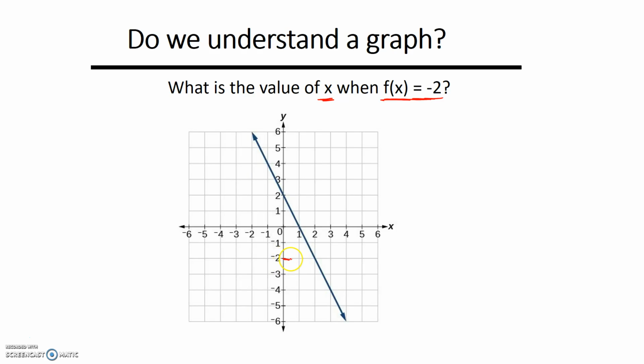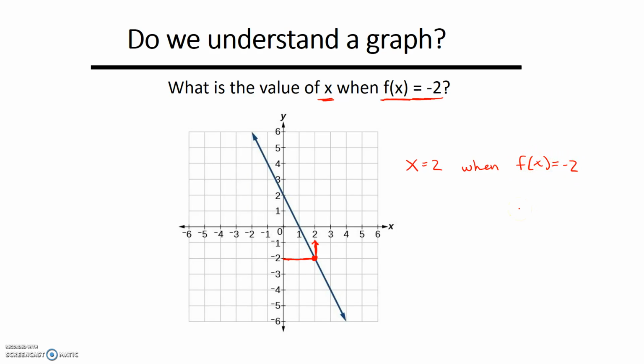Now if I scoot over to the line here, I want to figure out what the x value is when my y value is -2. In this case, it looks like it's going to be 2. So x is equal to 2 when f of x is equal to -2.